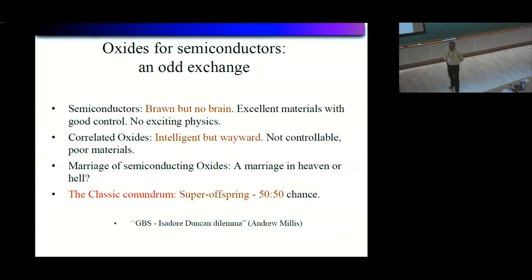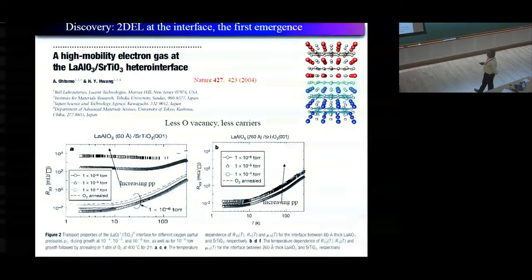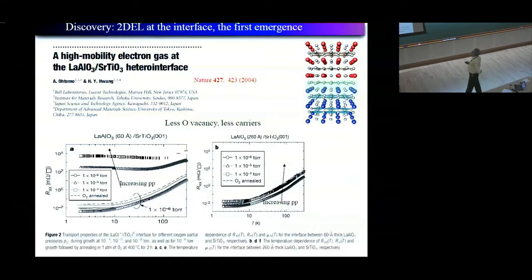The idea started in 2004 with this Nature paper by Harold Hwang and his collaborators at Bell Labs. They showed that when these two are put together with sufficiently good material properties, there is an interface which is metallic. How thick this interface is remains a debatable question, still not answered, but it is certainly not more than a few lattice spacings thick.